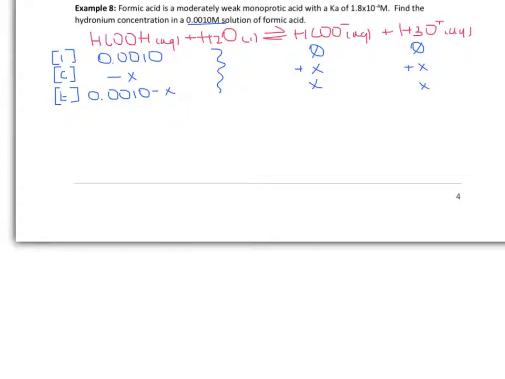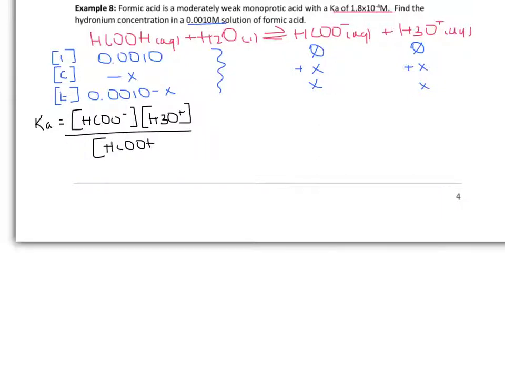Our extra piece of information was that the Ka was 1.8 times 10 to the negative 4, so we can set up our Ka expression. Ka is equal to products over reactants raised to the power of their coefficient. And at this point we can plug in what we know.